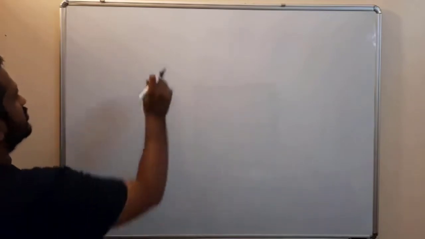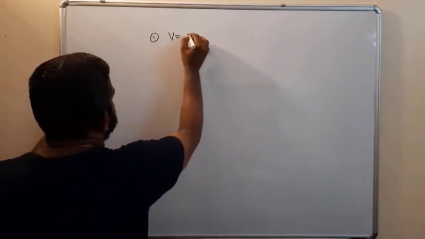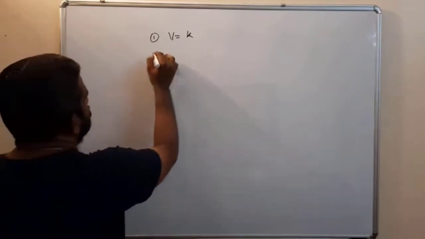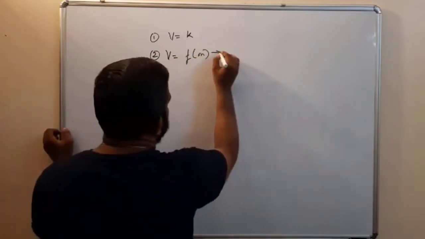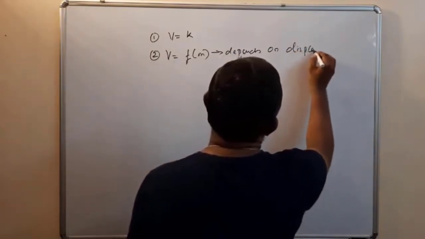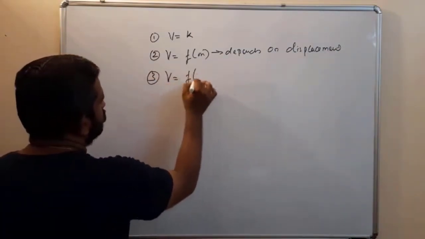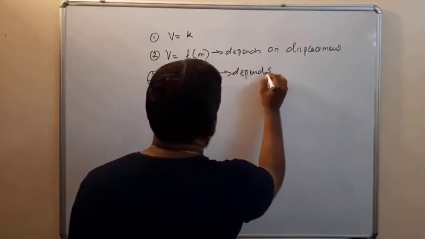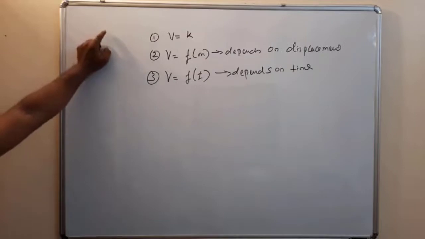The instantaneous velocity will be given in one of these three forms: v is equal to some constant, or v is equal to f of x, that is, it depends on displacement, or v is equal to f of t, that is, it depends on time.